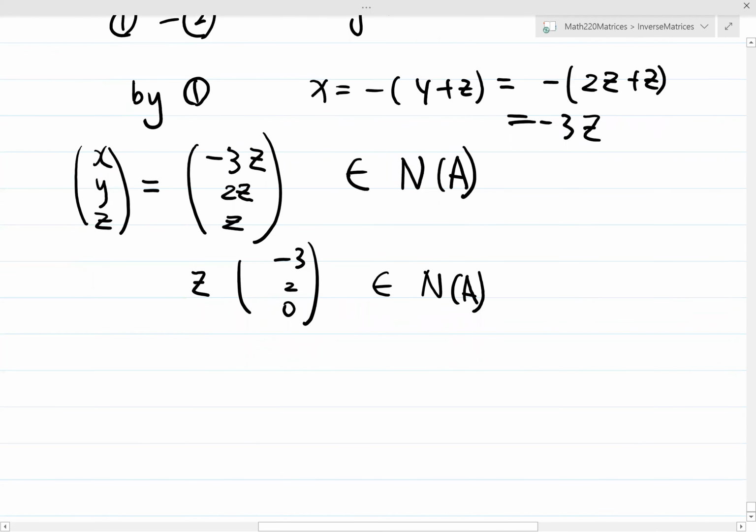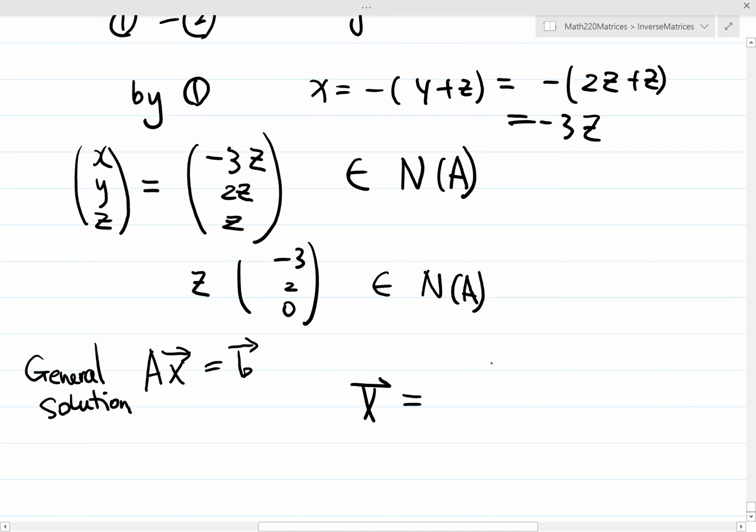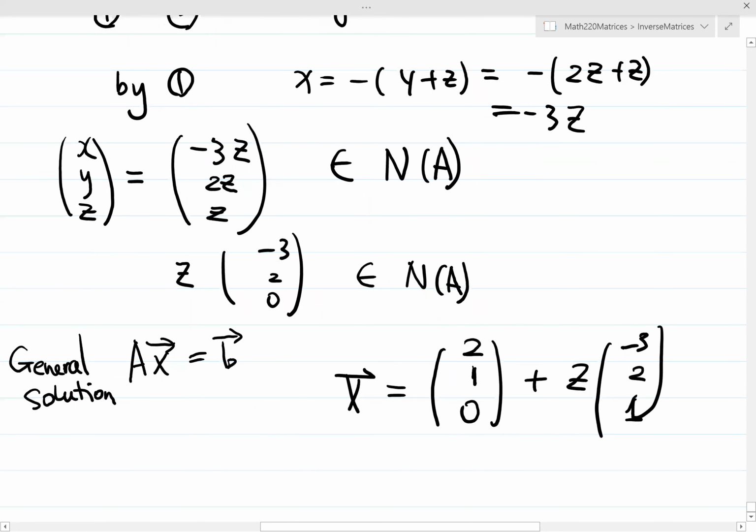So the general solution to AX equals B is of this form: a special solution, for instance the one we already found, 2, 1, 0, plus z times negative 3, 2, 1, a vector in the null space.